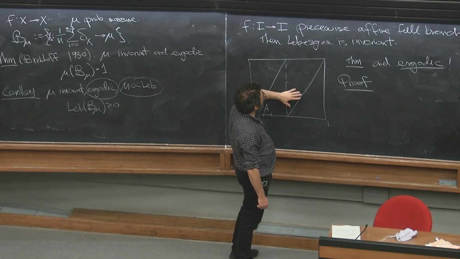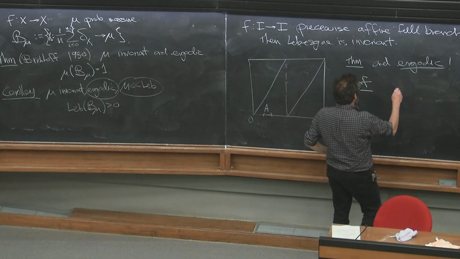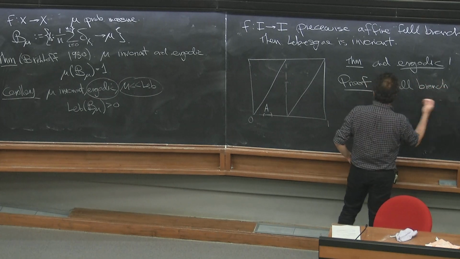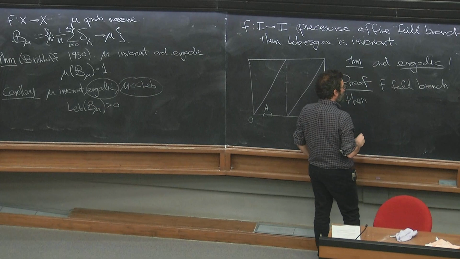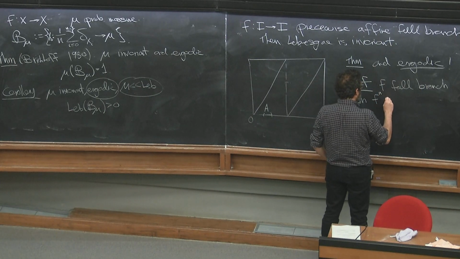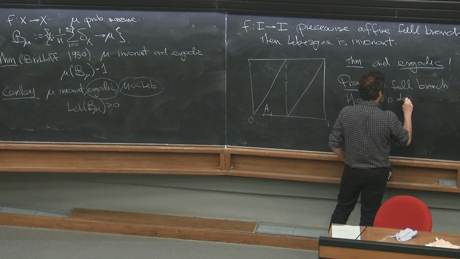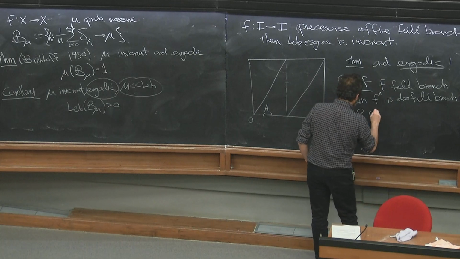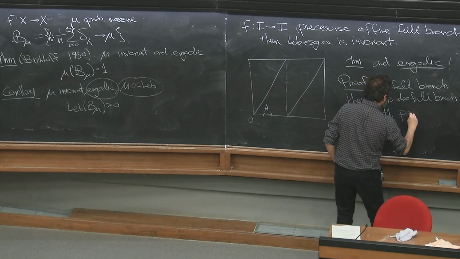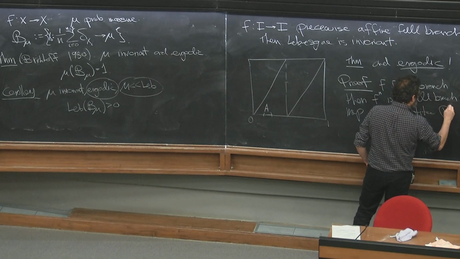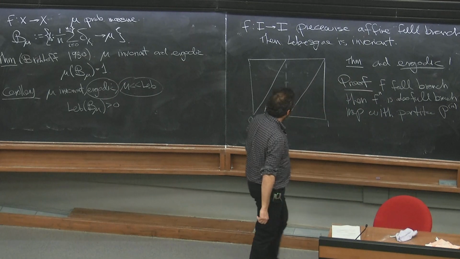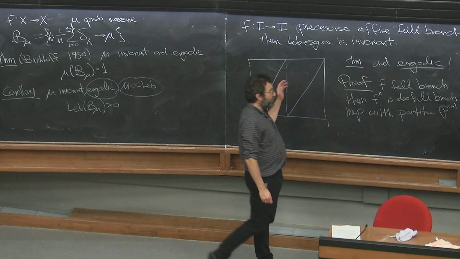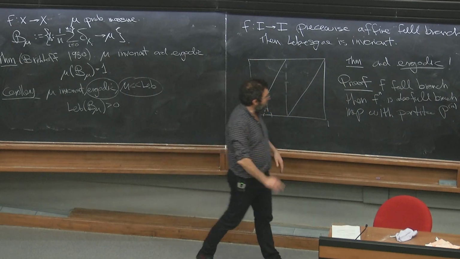So you can keep this in mind, but in general, if f is a full branch map, then f^n is also a full branch map with some partition P_n, right? So on the one hand, we want to use this as a model, but on the other hand, the result is general.